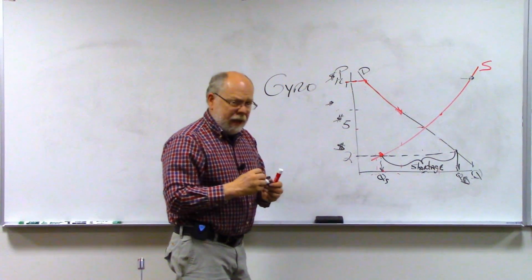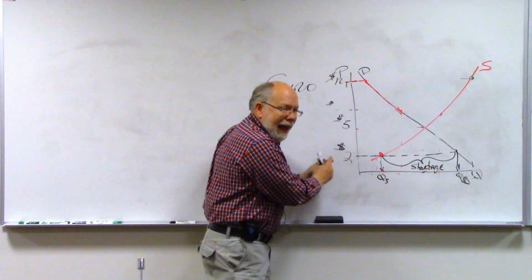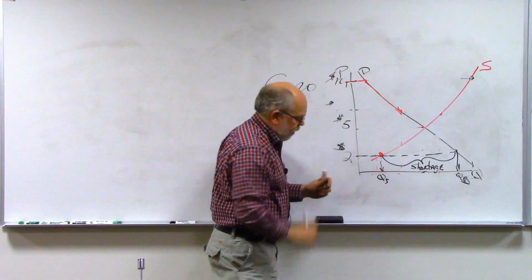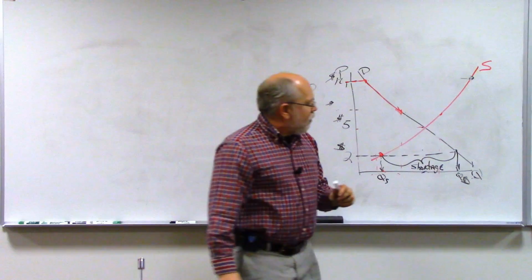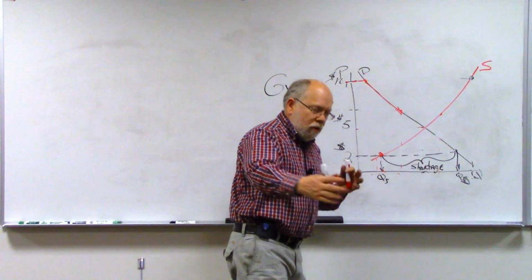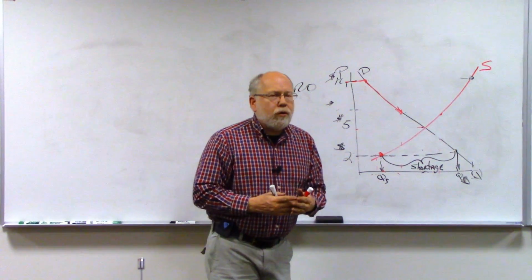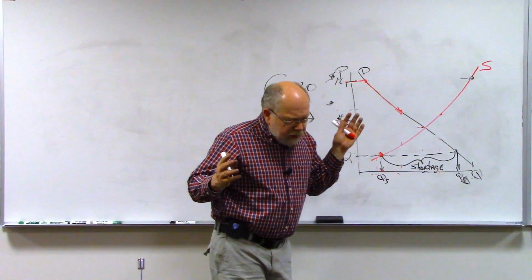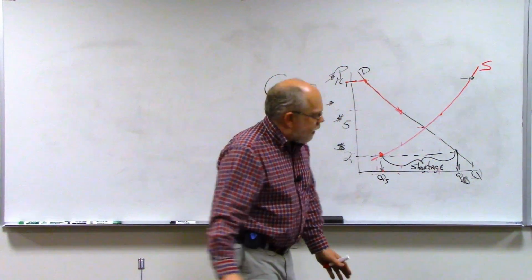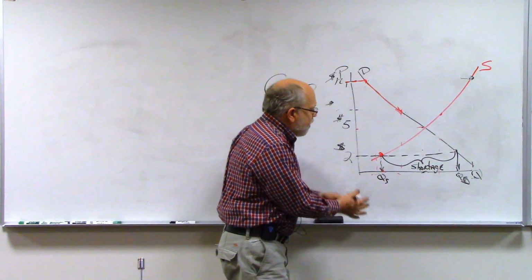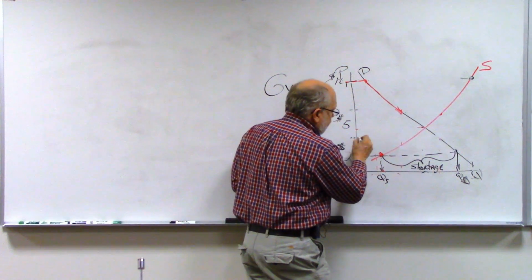Now, don't forget this last part: we have a shortage at that price. If we have a shortage and this line won't go away, what did our friend decide to do to get rid of the shortage? He didn't need a microeconomics class. He didn't need anybody to tell him. All he needed to do was raise the price up here to $4.